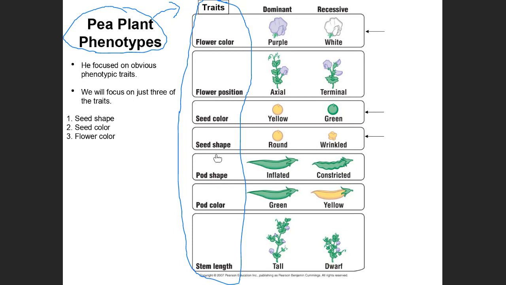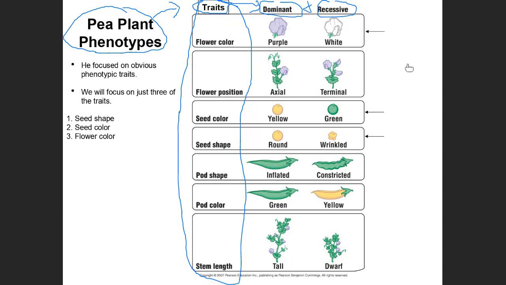There were a total of 7 traits that he studied in regards to how they were passed on from parent to offspring. Okay, so there were a total of 7 traits. But what he discovered is that each trait came in 2 forms, a dominant and a recessive.